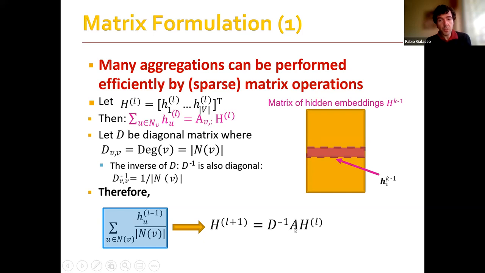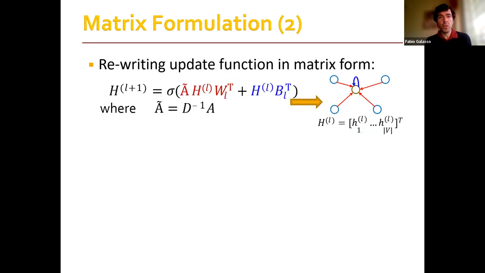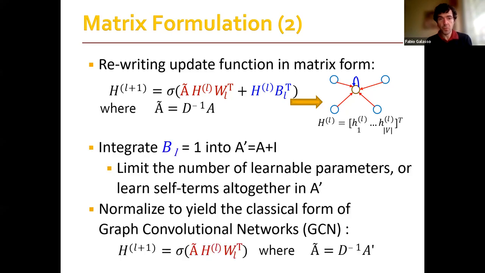A is the adjacency, and H is the embedding at a certain layer, L. So really, the graph convolutional network is something that is extremely easy to write down. This is the equation for each layer of a graph convolutional network.